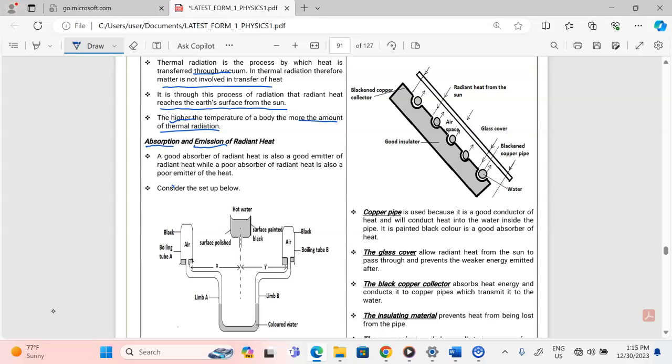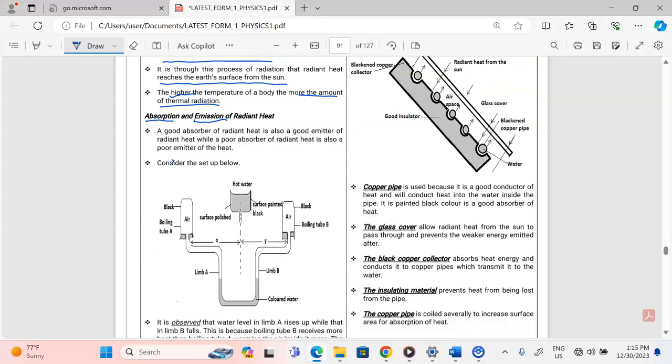For example, the sun has very high thermal radiation. Therefore, it emits heat energy which gets absorbed by the bodies or objects on the Earth's surface. Wherever there is emission, there is absorption of thermal radiation. In other words, the same heat gets absorbed by the cooler body.